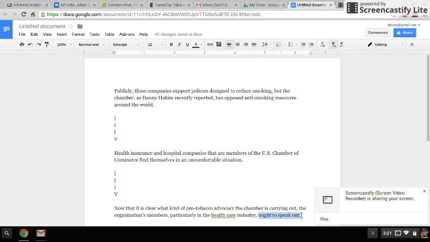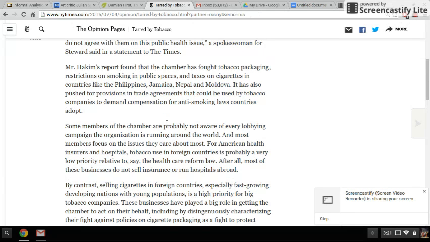So it's always an option in a course like this to spend a lot of time doing argument diagramming. But it takes time to learn how to do. You can't rush through it. You have to give students time to go from diagramming simple arguments to slightly more complex arguments to things like Tarred by Tobacco, which are real world.